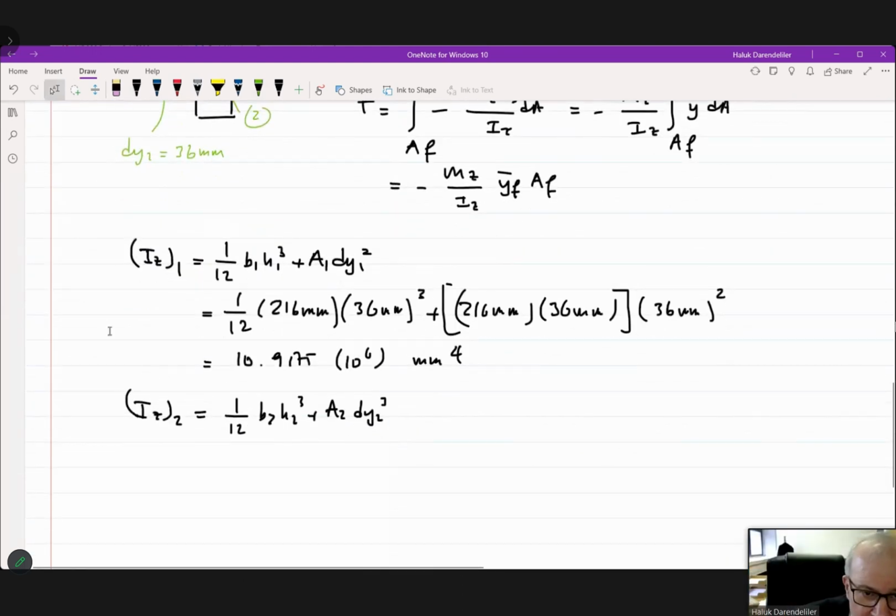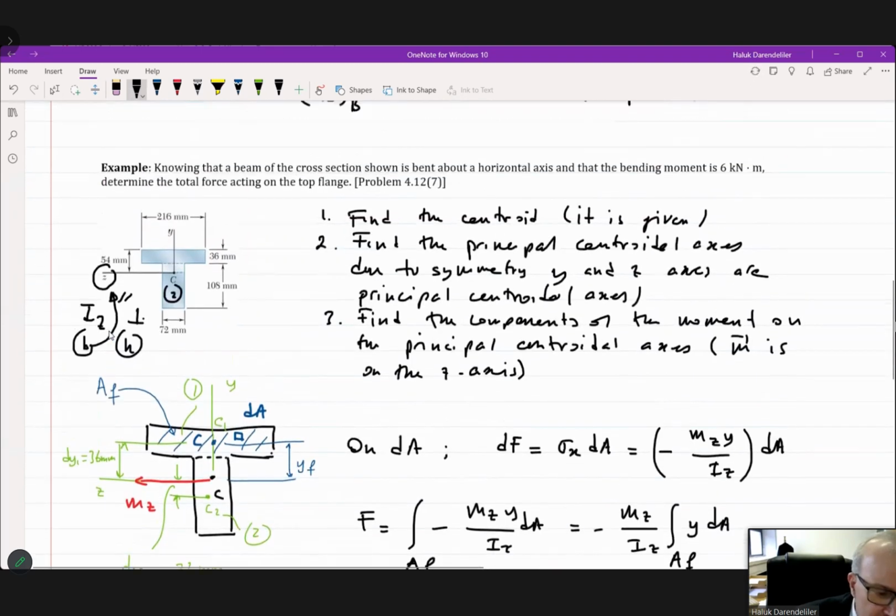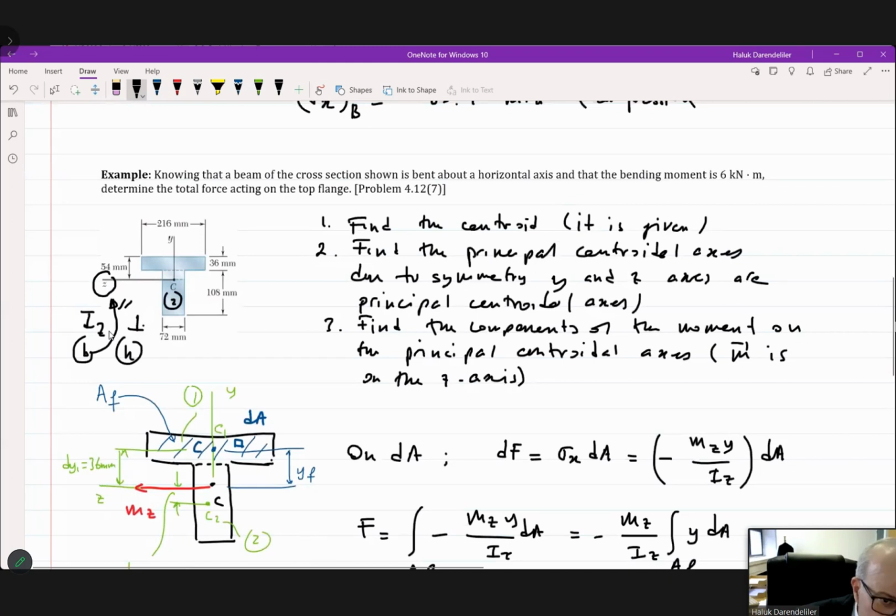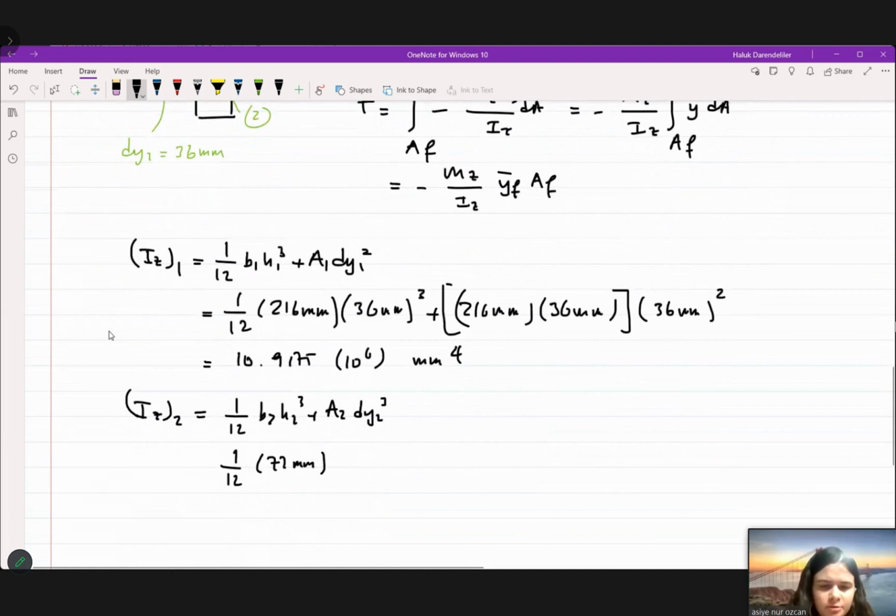A moment ago, what was b? 216, right? Here it is 72. So 1/12 times 72 millimeters. Now I return to the height. What is h? Yes, 108. So it is 108 millimeters to the power 3, right?